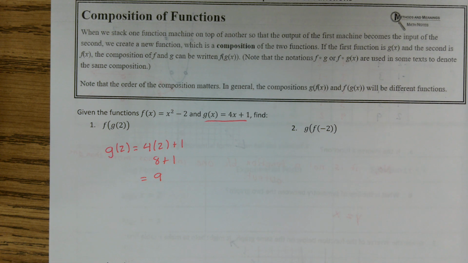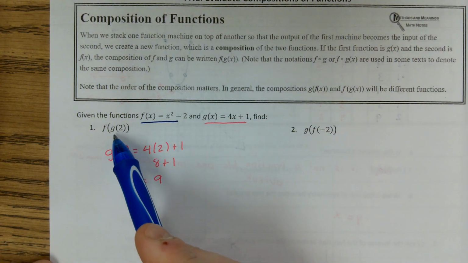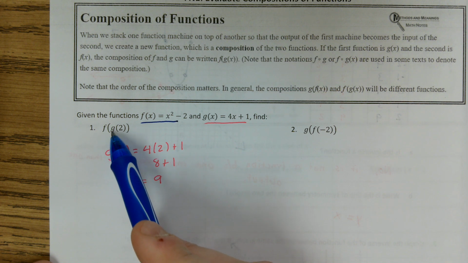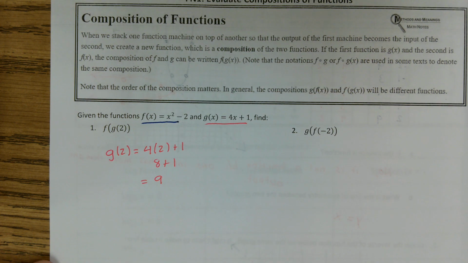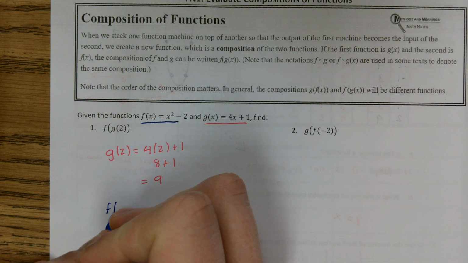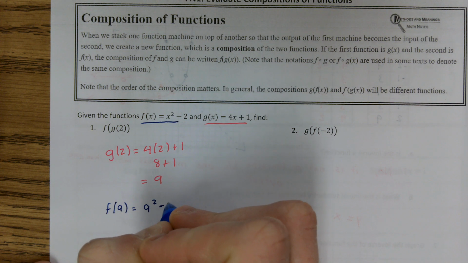Now we take that same value, 9, and plug it into f of x. Again, we're just doing that composition, so we work from inside out. We do the 2 into g, and now we do the value we got for that output, 9, into the function for f. So f of 9 is equal to 9 squared minus 2.